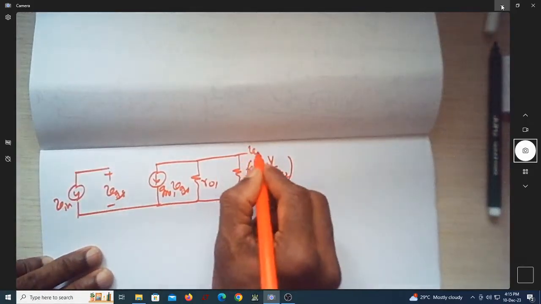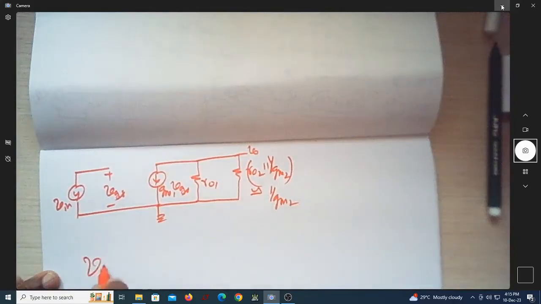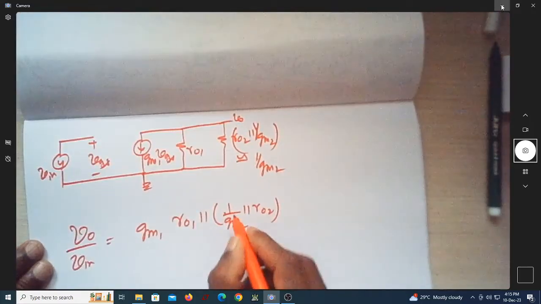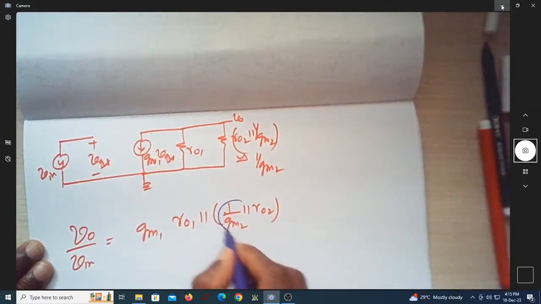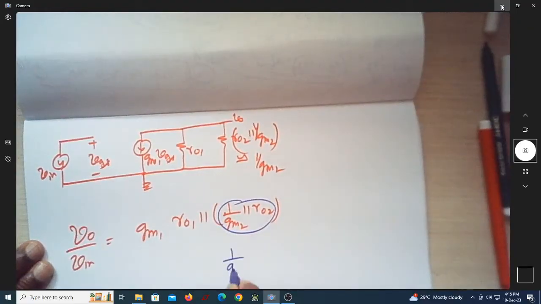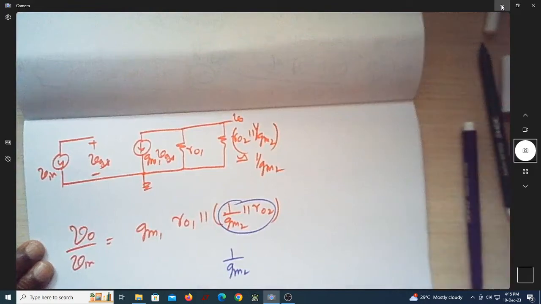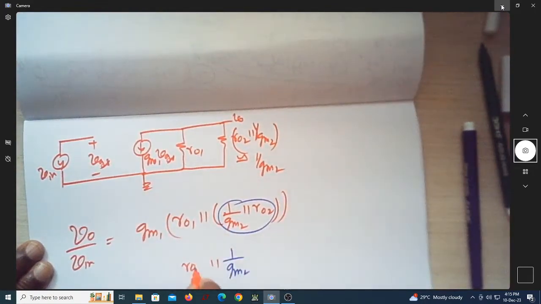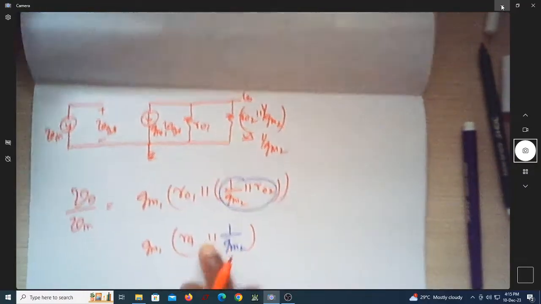Now, what is V0 by Vin? It is gm1 into R01 parallel 1 over gm2 parallel R02. Since this parallel combination is almost close to 1 over gm2, and this is in parallel with R01, what is the parallel combination of these two?